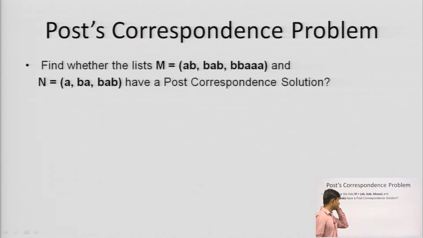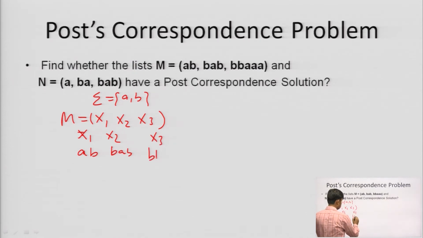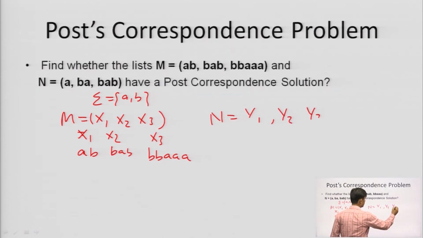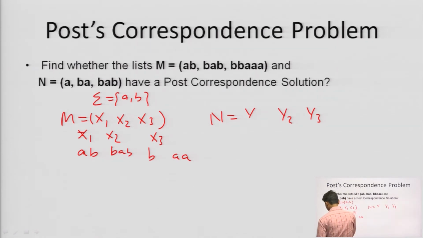So you can say here input alphabet is A comma B, and suppose we take M as x1 x2 x3, and N is y1 y2 y3.